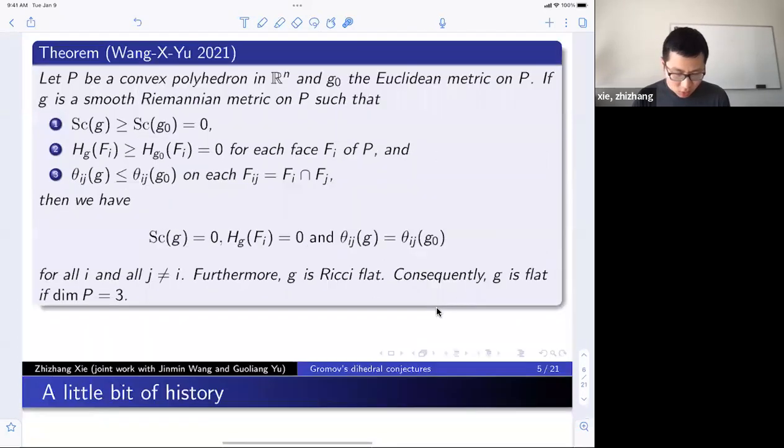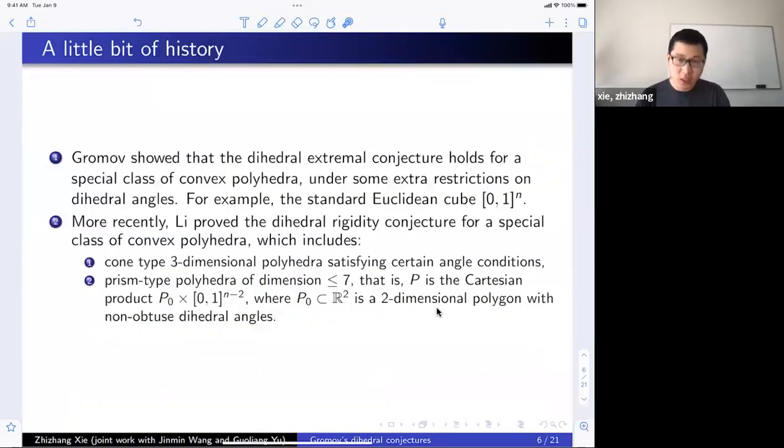So let's see. Let me give a little bit of history of what has been done before our result. Well, that's quite many years ago. Gromov showed that this dihedral extremal conjecture holds for a special class of convex polyhedra with some extra restrictions on dihedral angles.